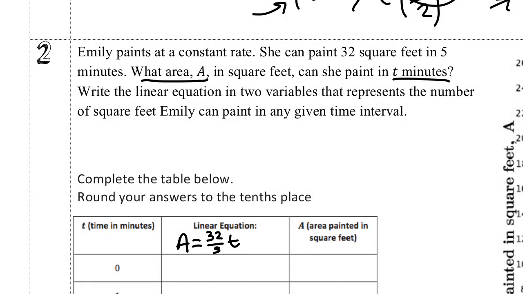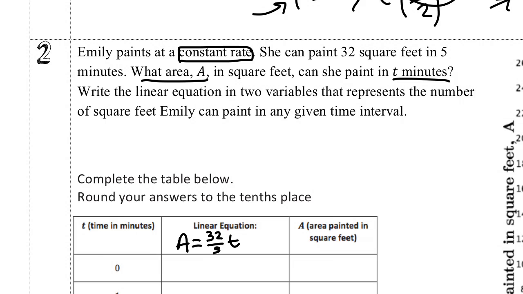Okay, so first off, they tell us that Emily is painting at a constant rate. Okay, a rate is a fraction that compares how one thing is being done in a certain amount of time. So in this case, she's painting square footage, and she can paint 32 square feet in 5 minutes.